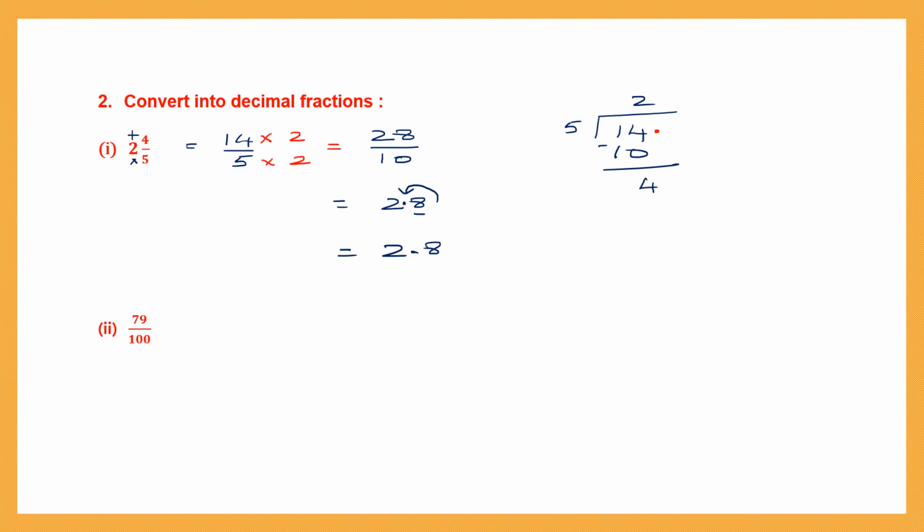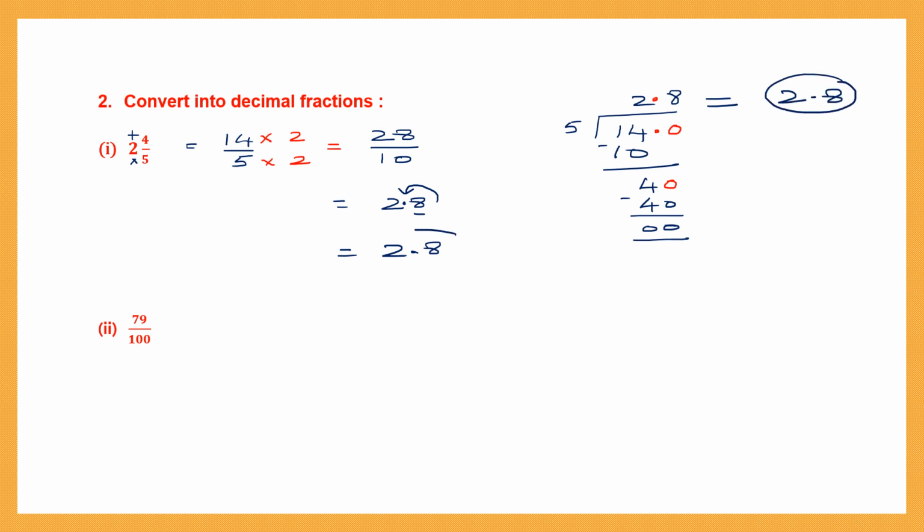And that same point I must carry it up. Now after I put a point, I can put any number of zeros to the right. So now I've put 1 zero, I'll bring it down. So what is my number now? 40. So 5 eights are 40. And my remainder is 0. So my division is over. So what did I get here? I got 2.8 as my quotient.